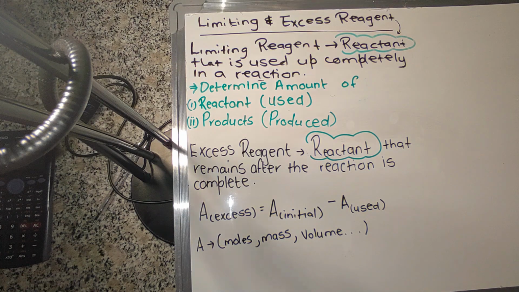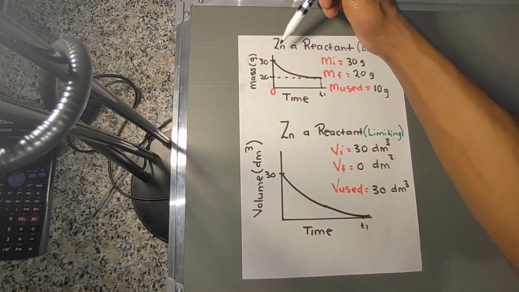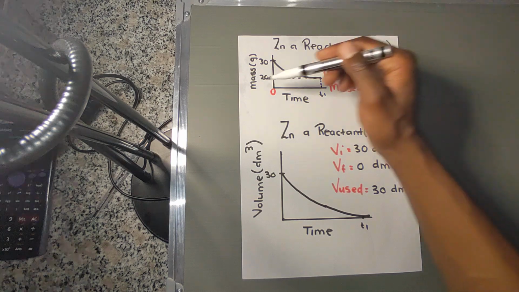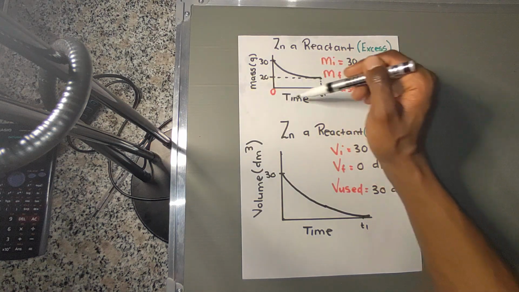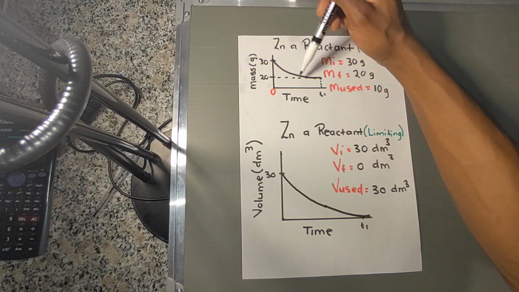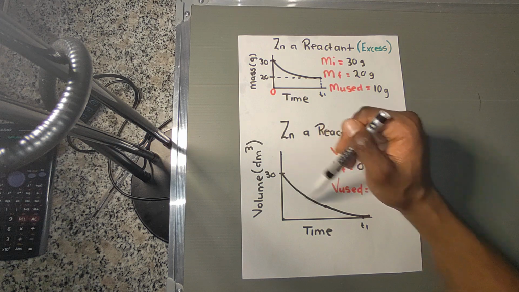I want us to interpret the following graphs just to make sense of the limiting reagent. We have a graph of an amount versus time, and our amount in this case is a mass versus time. Now, a decreasing graph like this one always represents a reactant. Even this one represents a reactant.